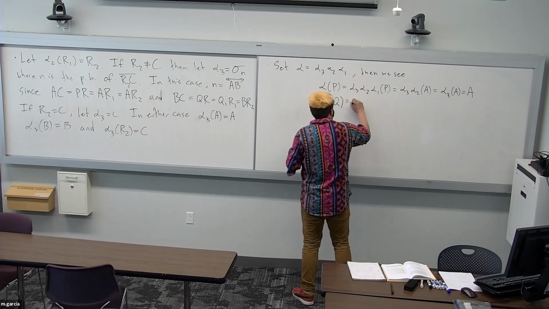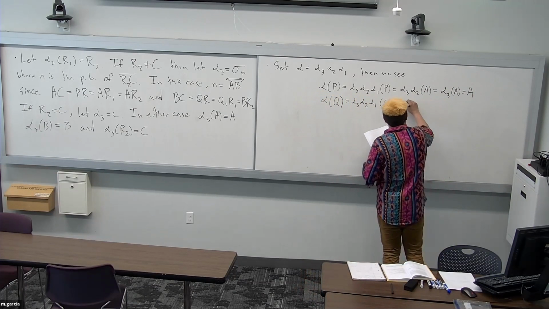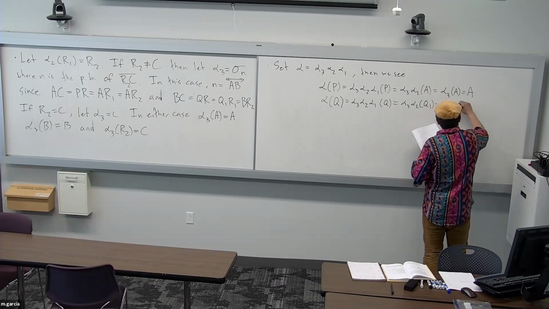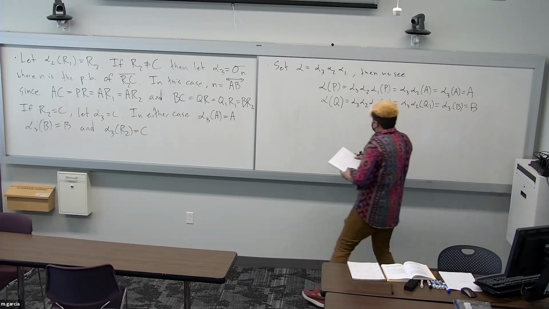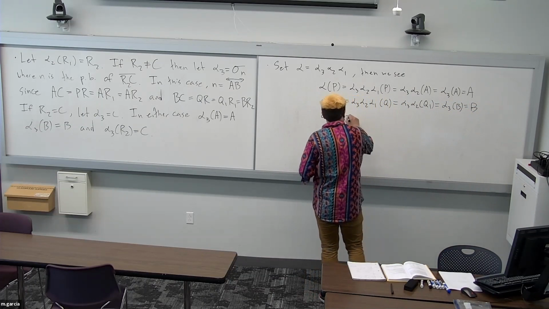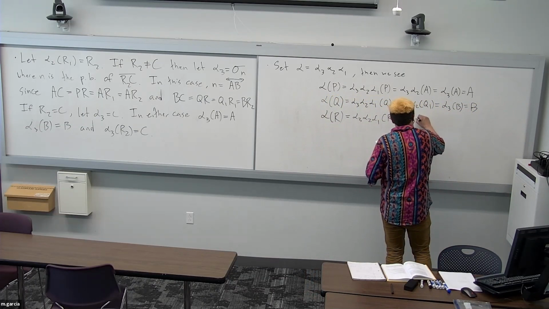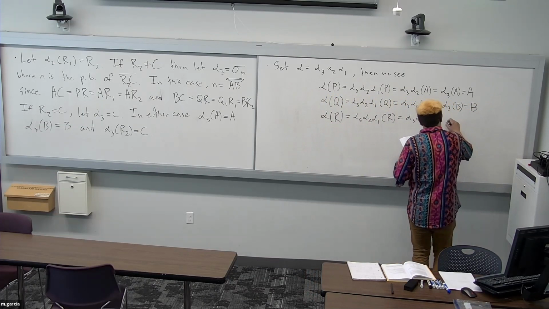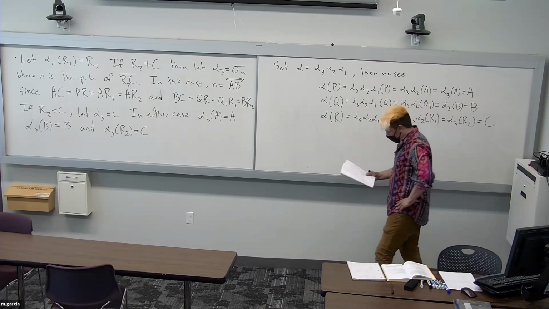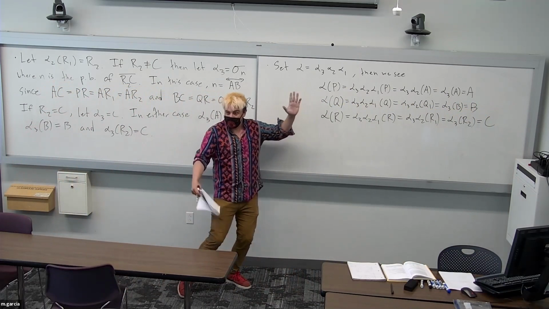Alpha of Q is alpha 3, alpha 2, alpha 1 of Q, which is alpha 3, alpha 2 of Q1, which is alpha 3 of B, which is equal to B. And alpha of R, we make a similar computation to get alpha 3, alpha 2 of R1, which is equal to alpha 3 of R2, which is equal to C. Okay, so this is unique because, remember, an isometry is determined by 3 non-collinear points.